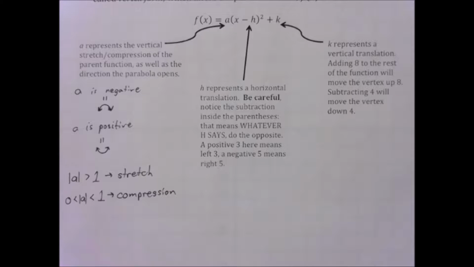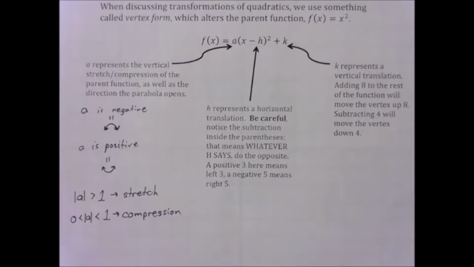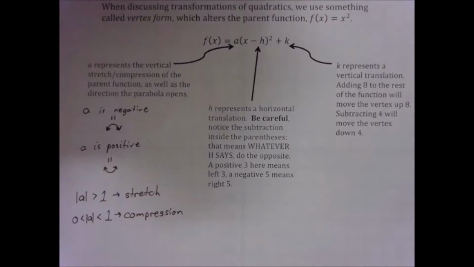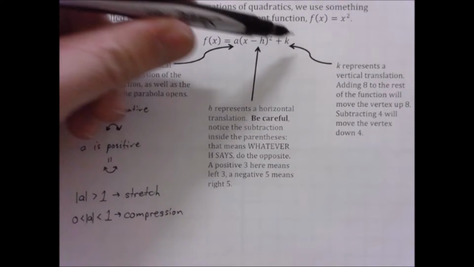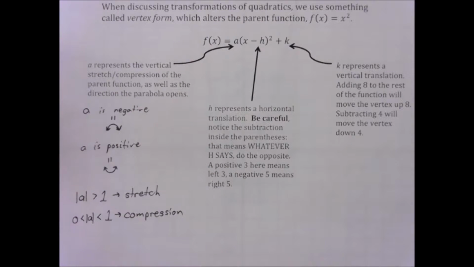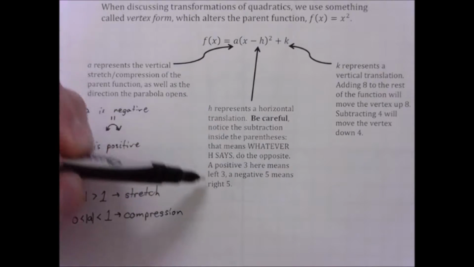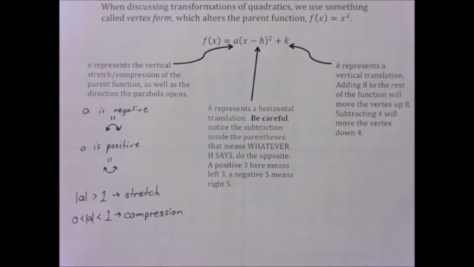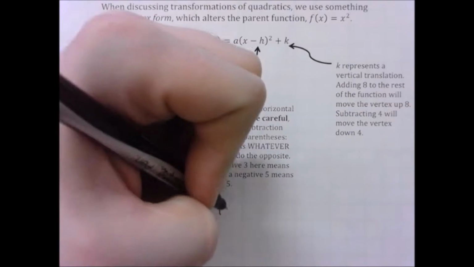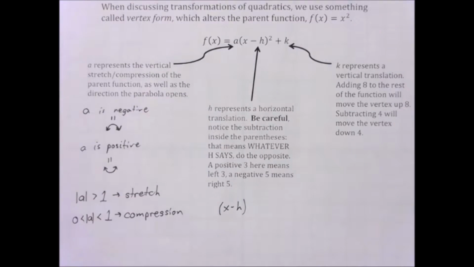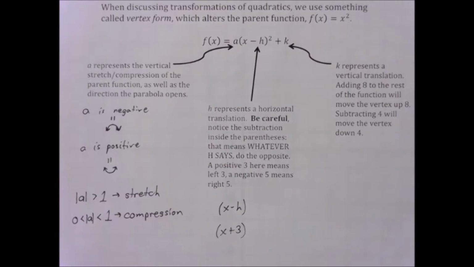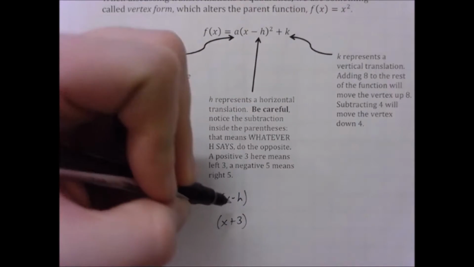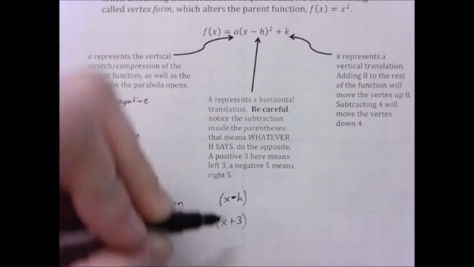But the next letter we're going to have a value for, when we're looking at an equation in vertex form, is h. Now, h and k kind of go together. Their goal is to find your vertex. So in this little semi-paragraph I put here, it says whatever h says, do the opposite. So inside my parentheses, because I have x minus h, if I see x plus 3, it means left 3, because this minus sign means I should be looking for a minus sign in here.